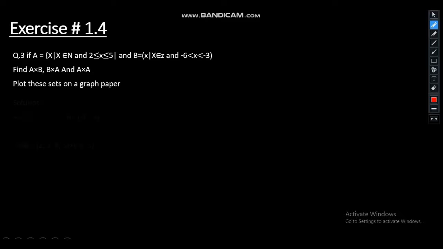Now the value of A means 2 ≤ x, which means the value of x lies between these two numbers, 2 to 5. We can write 2, 3, 4, 5, where the maximum number is 5 and the minimum number is 2, which means x lies between these 2 points.